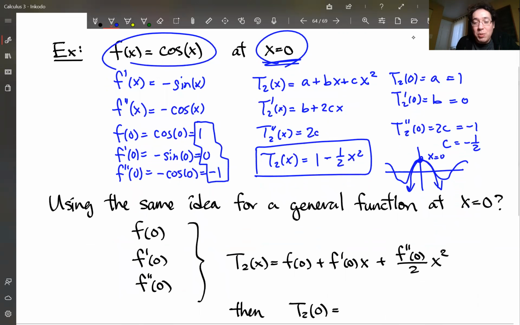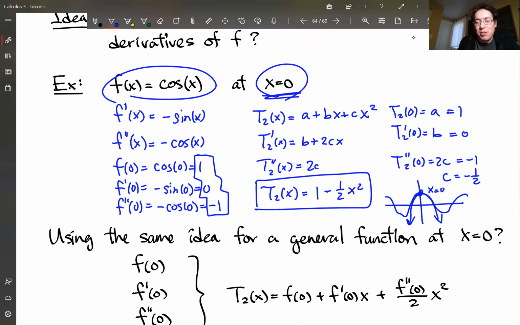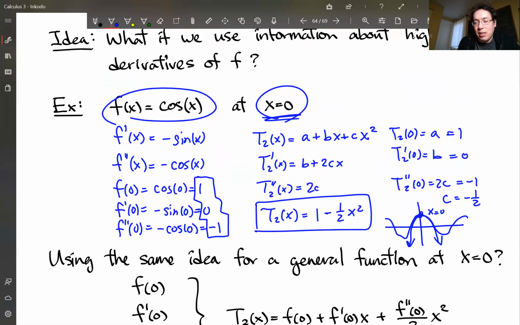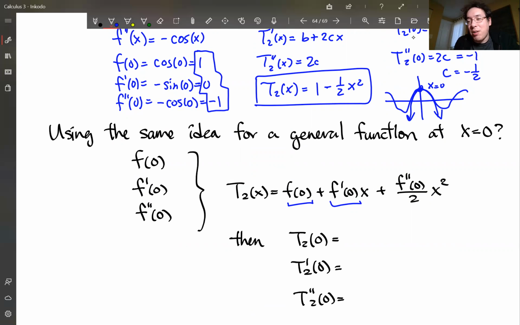Okay, so in general, you can kind of see that if you see the pattern of what I got for the constant, linear, and quadratic terms, basically you just have to set it so that f of 0 is the constant term, f prime of 0 is the linear term, and f double prime of 0 divided by 2, because of the power rule, is going to be the quadratic term, right?